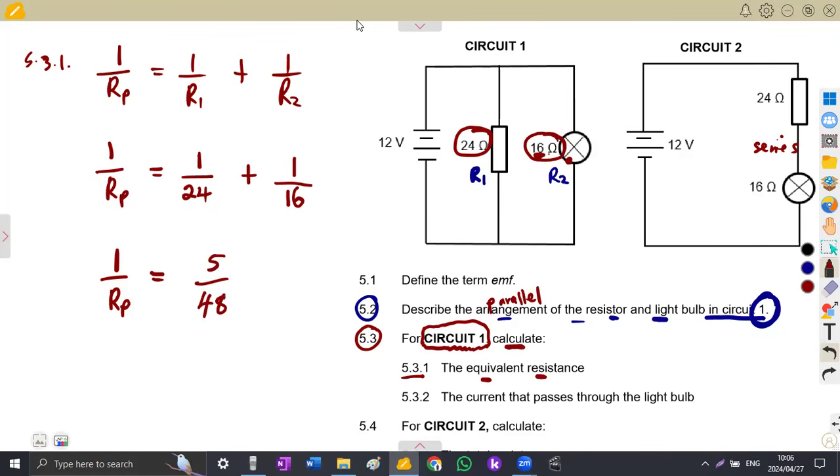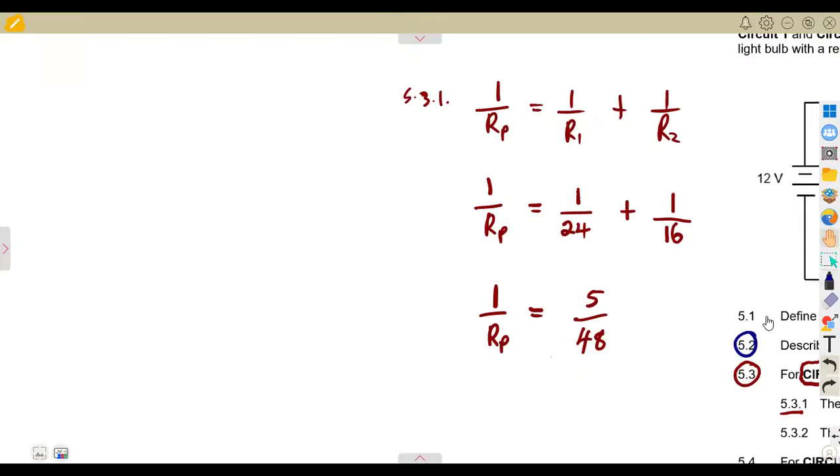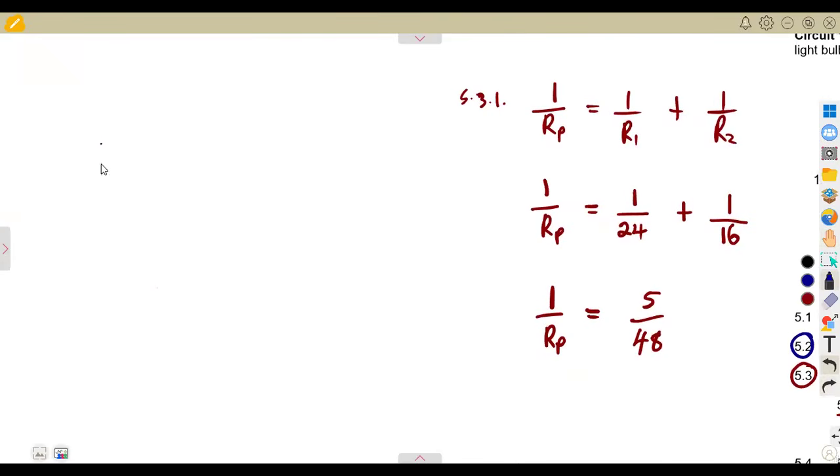So let us go back to our mathematical calculations. How do you calculate Rp if you're given this? You can simply find the reciprocal, the inverse. Note that if you're given 1 over x, 1 over this means the reciprocal, the inverse, so this is equal to x.